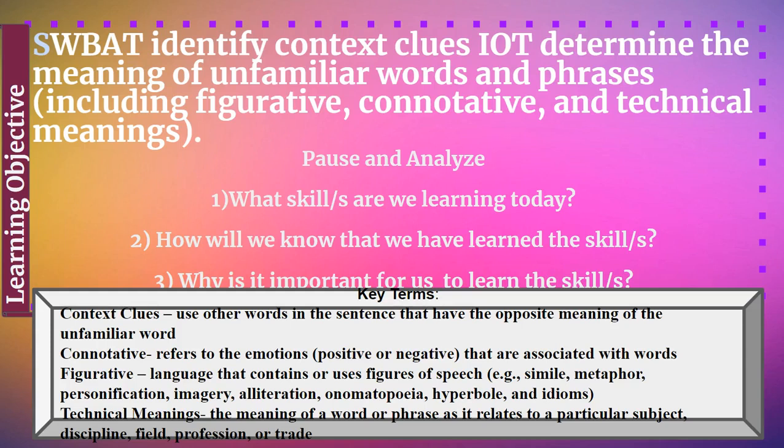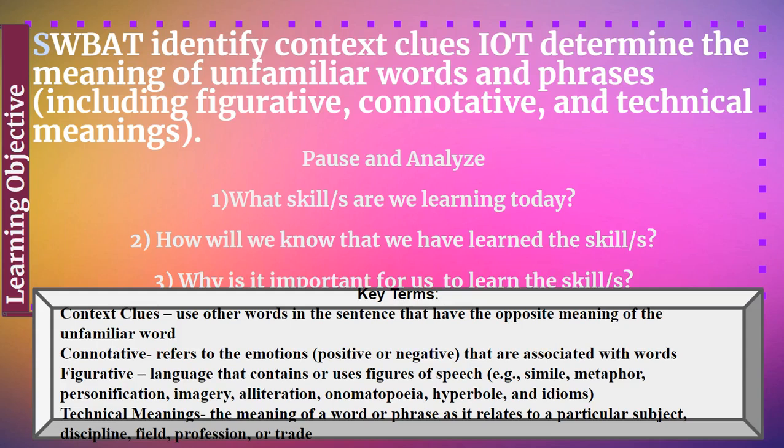And then we have figurative language. And we know figurative language is a type of literary device. It could be simile, metaphor, personification, alliteration, onomatopoeia. It's how that word is being used in a different capacity. Technical meaning has to do with how the word or phrase is relating to a particular subject, a discipline, an area of study.